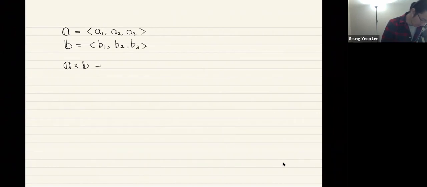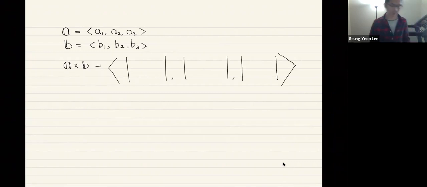So the cross product has 3 elements. I mean, of course, it produces a vector, so it will contain 3 entries. The first entry can be written as some number, the second entry some number, the third entry some number. The first entry is given by the following number. Since it's the first entry, I will use only the second and the third ones.